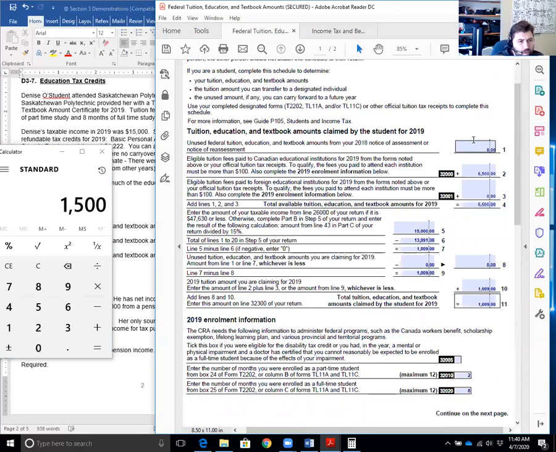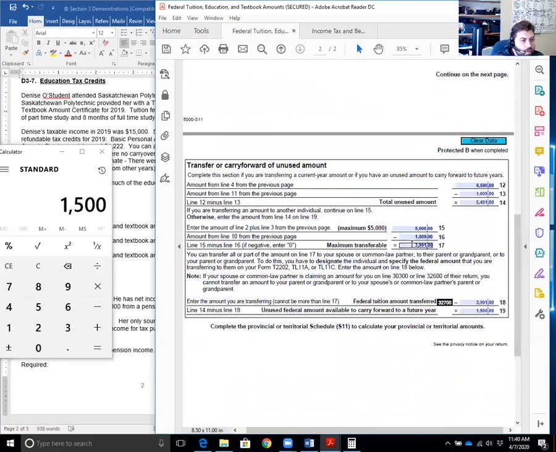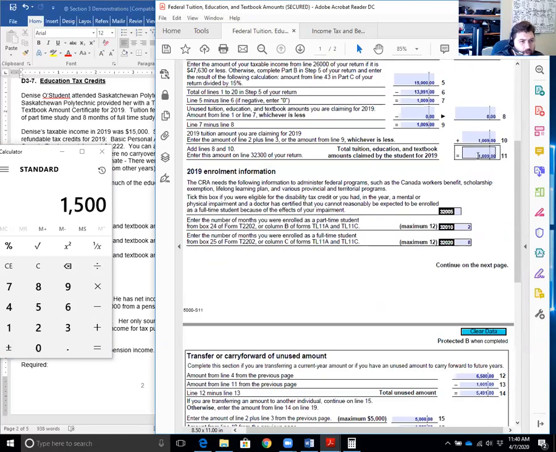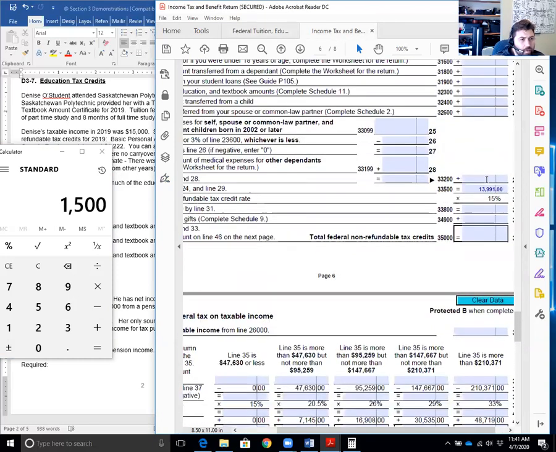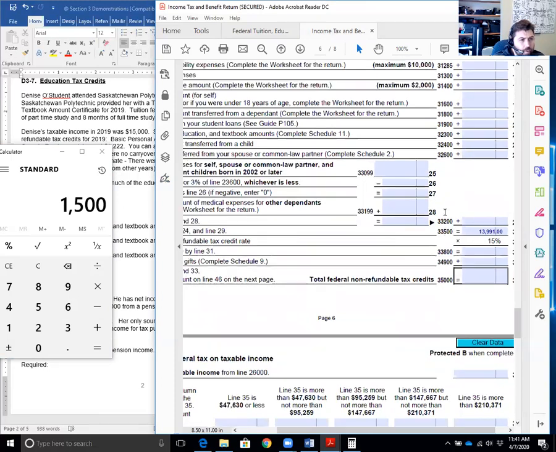Okay, so let's read. Oh, I guess we should put this amount in to our 32300 space on our form, so 1009. Right here. And we can update this because it's going to be 13,991 plus 1,009.